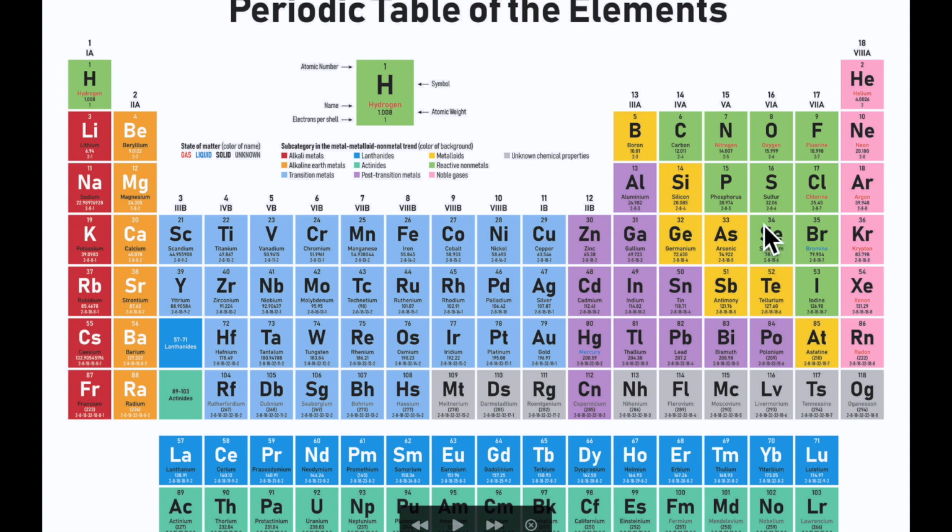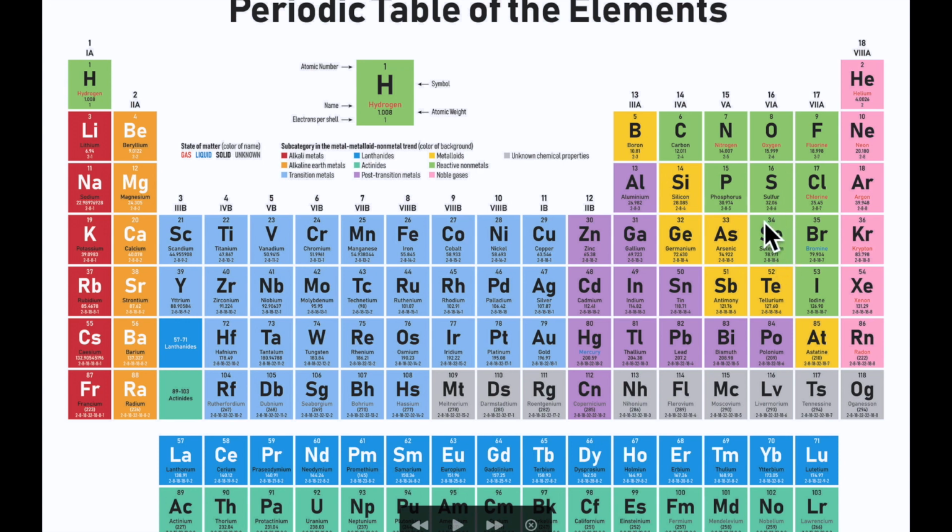The outermost shells are increasing, so the distance between the center of the nucleus and the outermost shell will increase. So as we move down a group, in 16th, 17th and 18th also, as the number of shells increases, the atomic size goes on increasing from top to bottom.